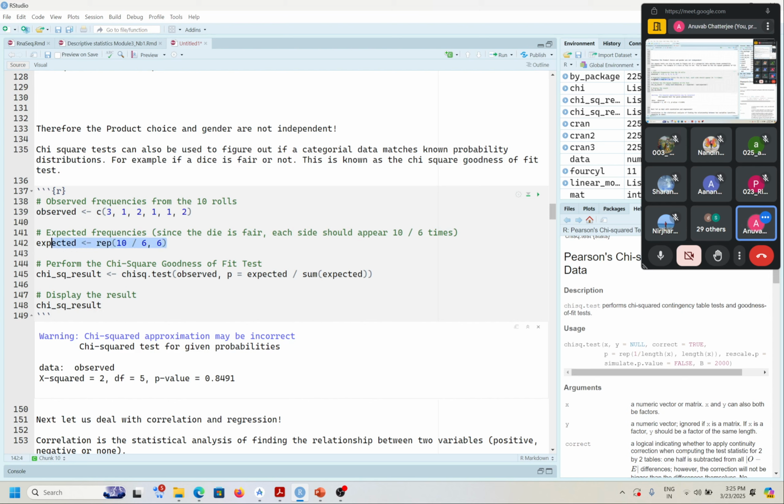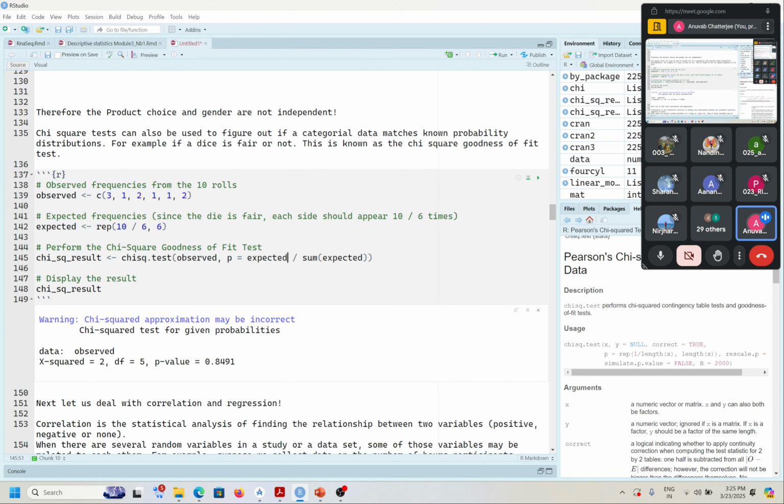Your expected frequency is 10 by 6, since you have thrown it 10 times and the die is fair. You run the chi-square test with the observed number of times you have seen each face, and the expected probability, which is expected divided by the sum of probabilities. This is essentially 1 by 6, 10 times, and then you display it.